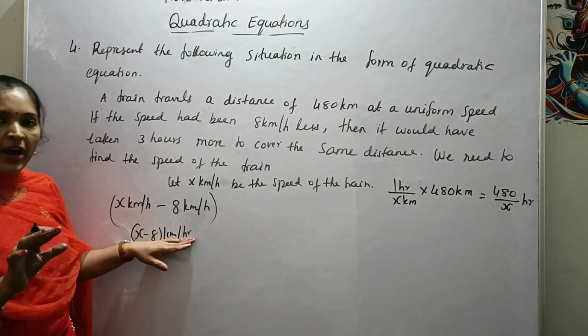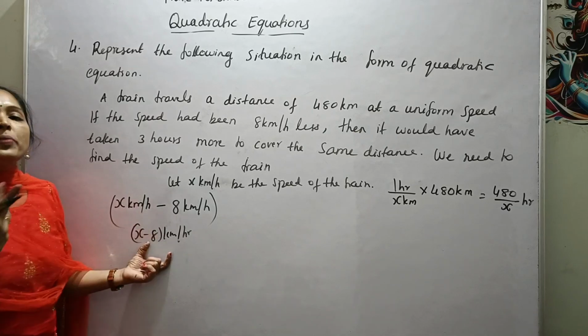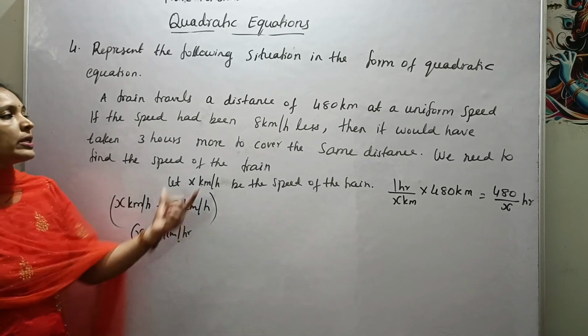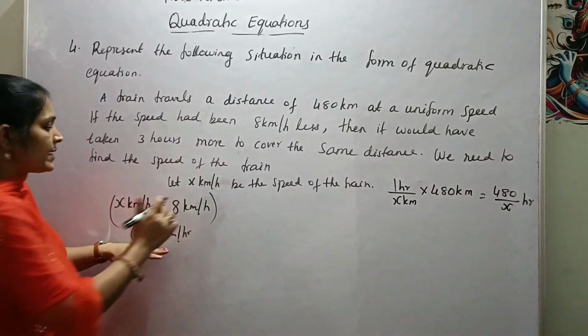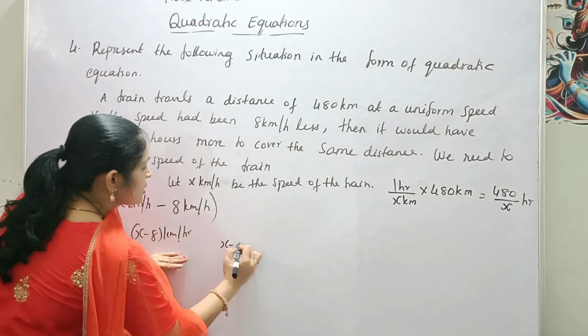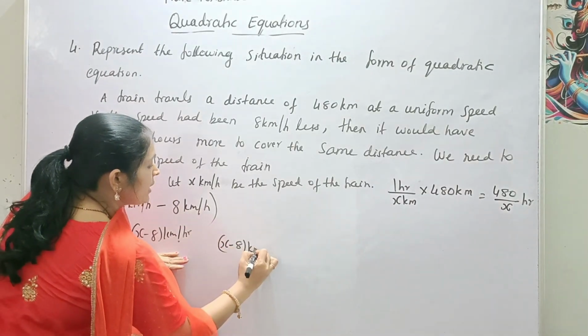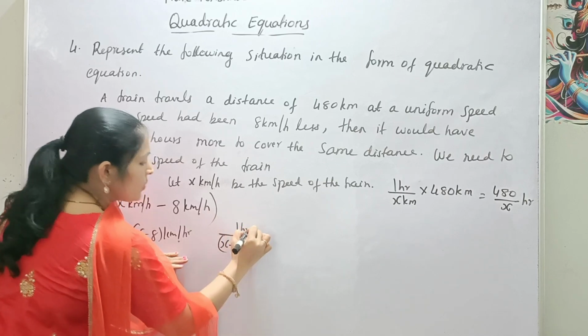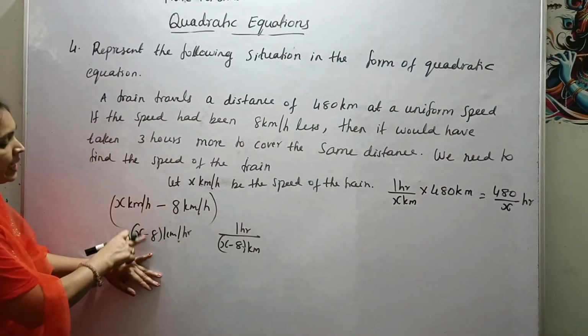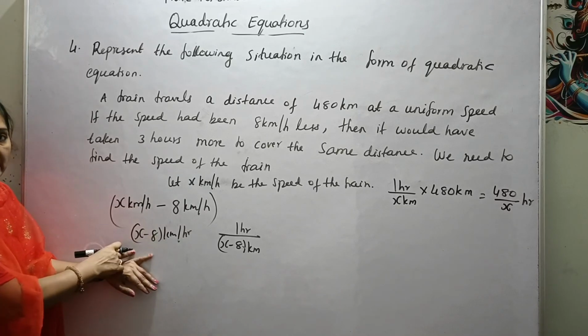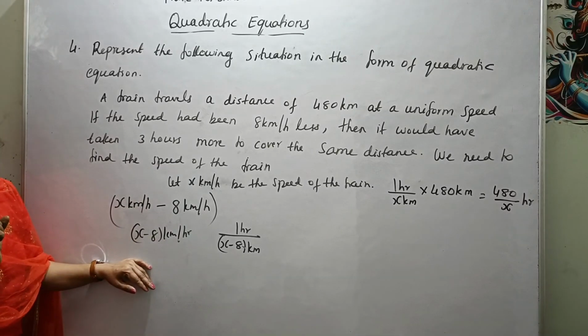Now let's find how much time it will take to cover this distance, 480 kilometer, at this speed. For x minus 8 kilometer it will take 1 hour. The speed means for 1 hour it will travel x minus 8 kilometer, right?